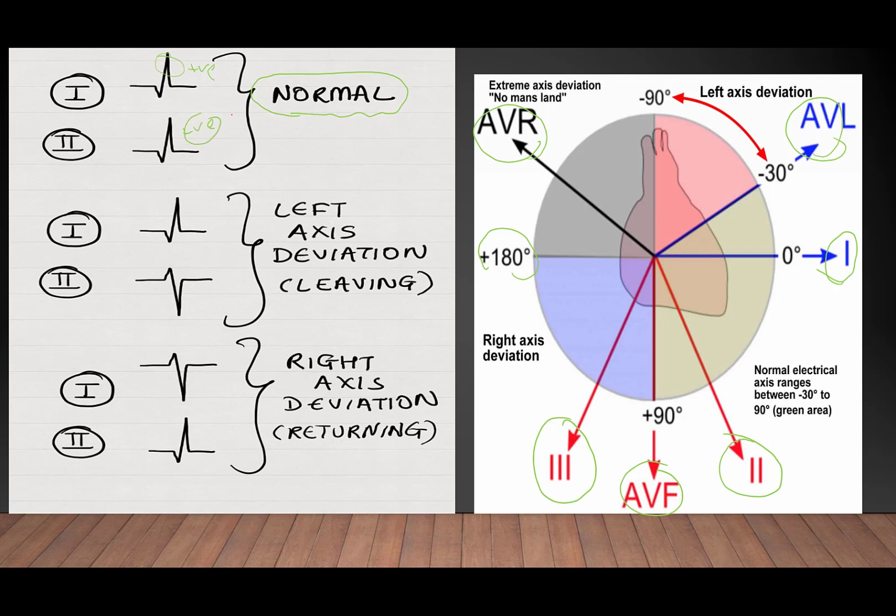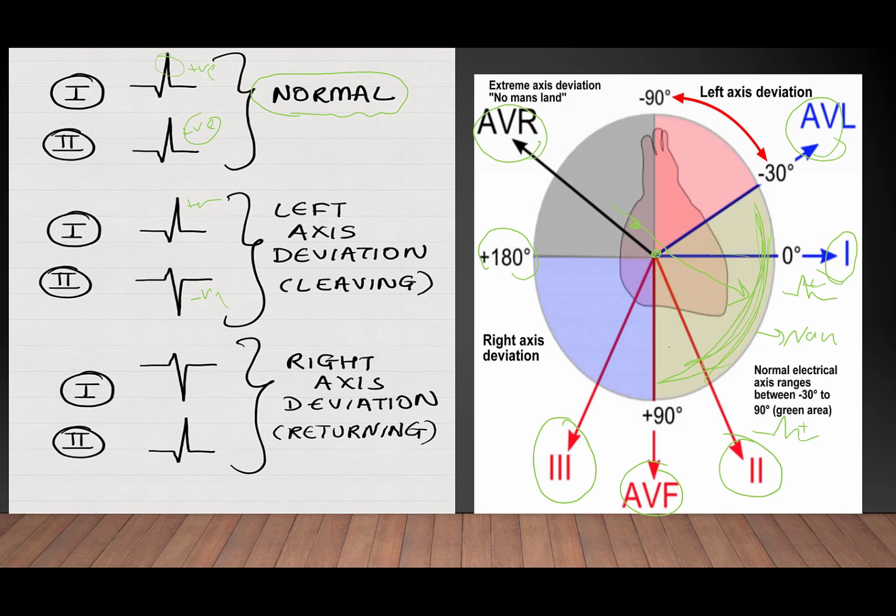Why? Because the SA node is here, and the electrical impulse is toward this limb, so it causes a positive deflection here and also here, so it's in this range, and it's considered a normal axis.